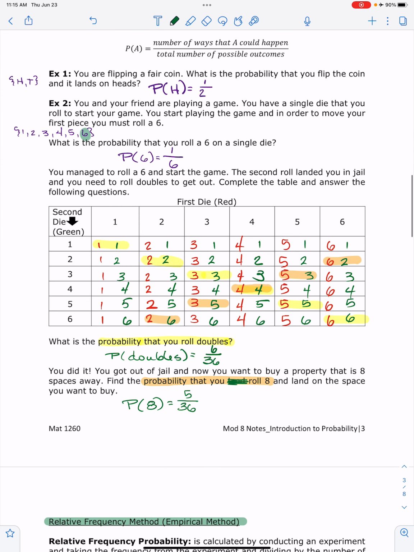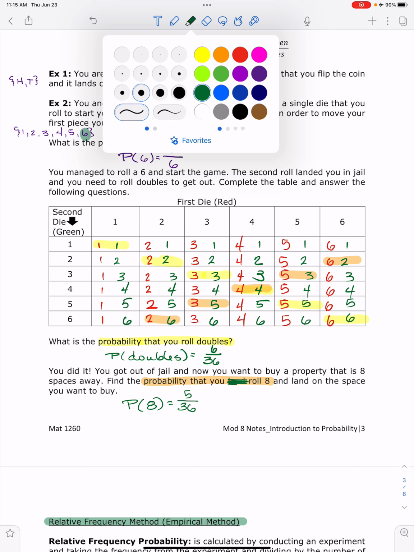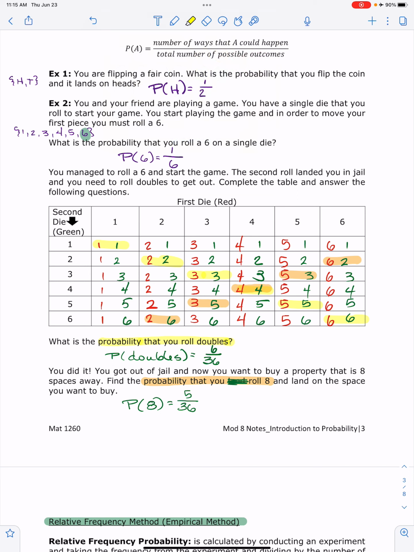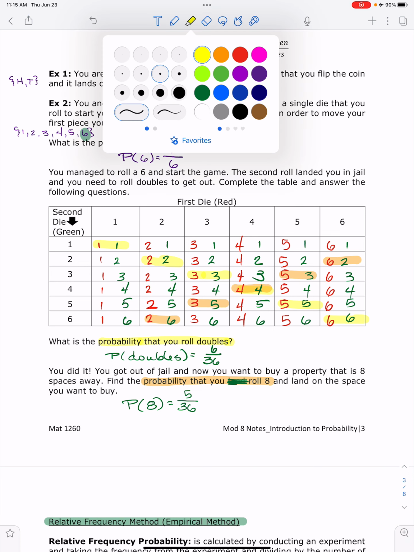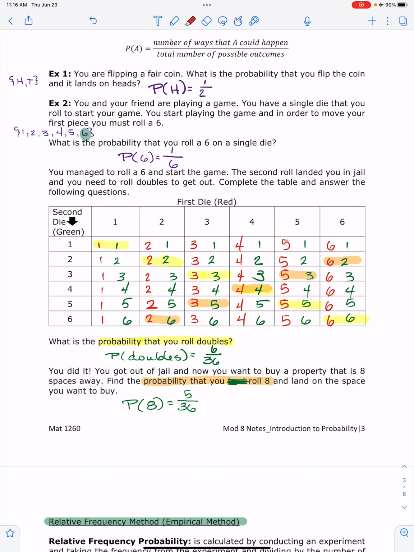So rolling a 2. Let us change this up a little. There is one way I can roll a 2. A 1 and a 1, if I add those together, I get a sum of 2.